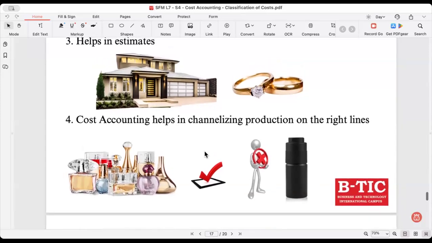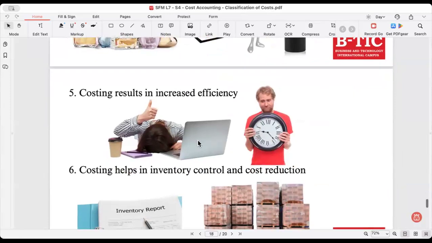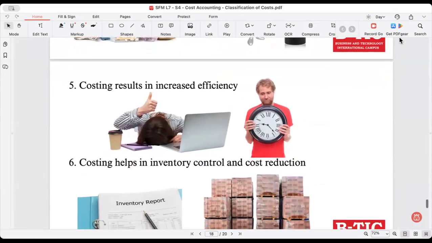Next, cost accounting helps in channelizing productions on the right lines. Costing makes it possible for the management or the organization to distinguish between profitable and non-profitable activities. Next, costing results in increased efficiency.